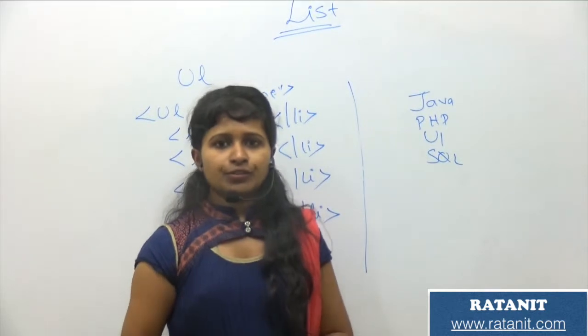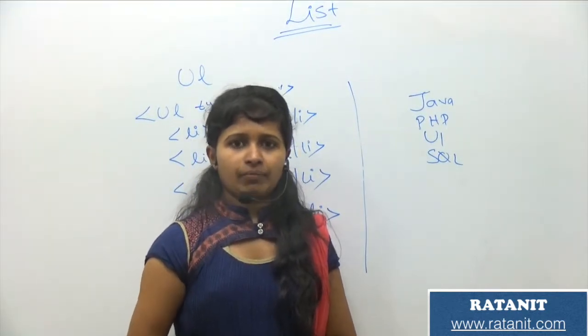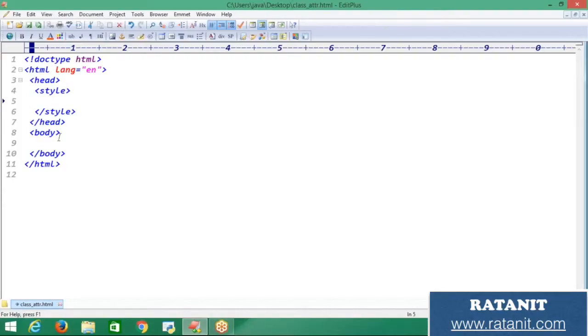Now we are going to execute this unordered list program. Inside the body, I am having a UL tag over here. I need to close this UL tag, and inside this UL tag I am having list items.